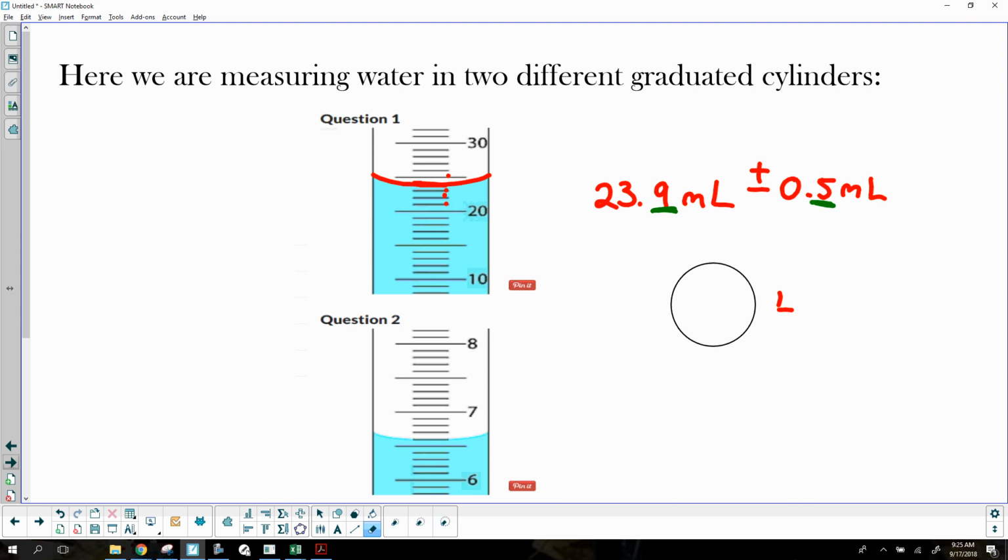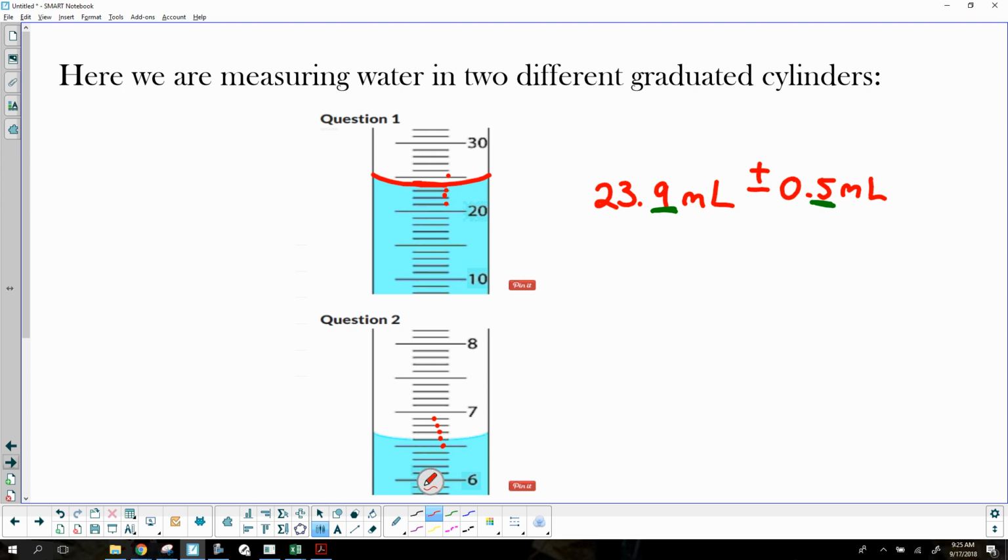My second graduated cylinder, this one is going up by 0.1s. 0.1, 0.2, 0.3, 0.4, 0.5, 0.6, 0.7, 0.8, 0.9. So since I'm going up by 0.1s here, I can estimate to the 0.01, 1/10 of 0.1 is 0.01.